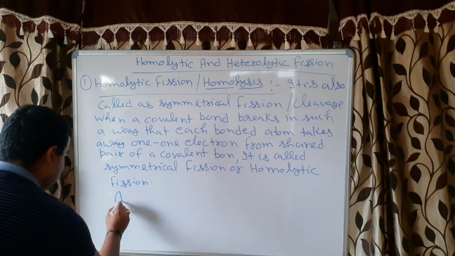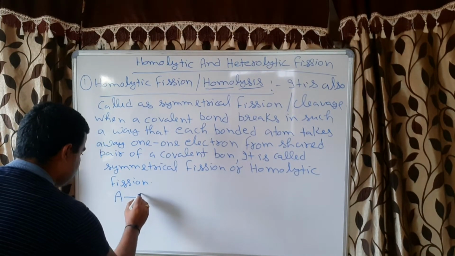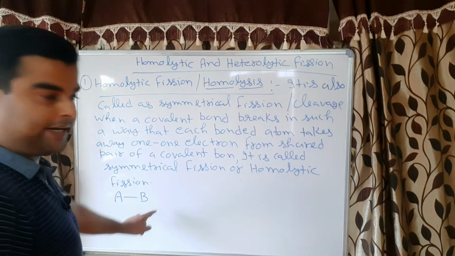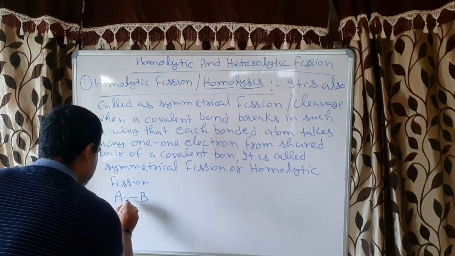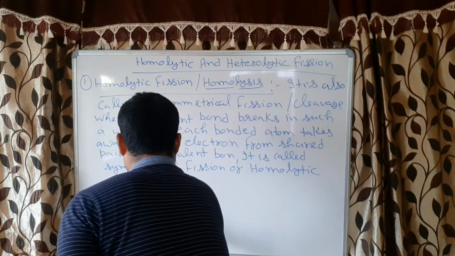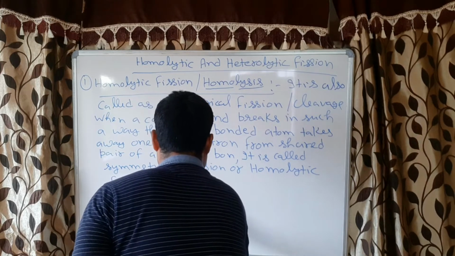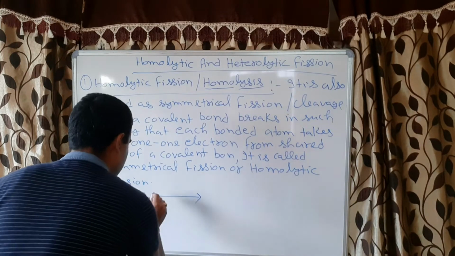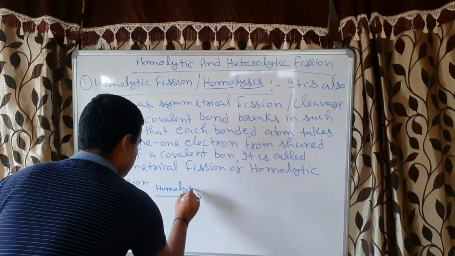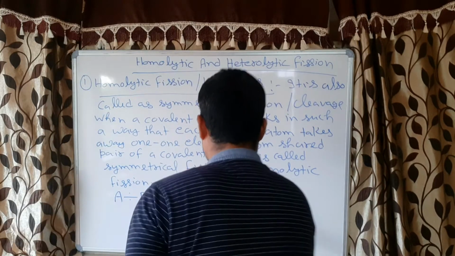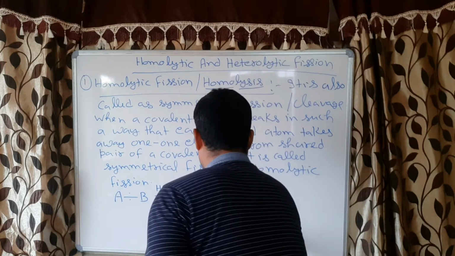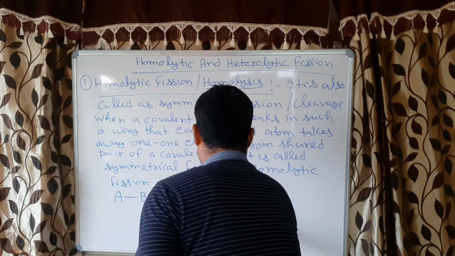Suppose there is one molecule, that is A, B. This is the shared pair of electrons. Now, when it will undergo homolysis, then each atom will take away one electron.